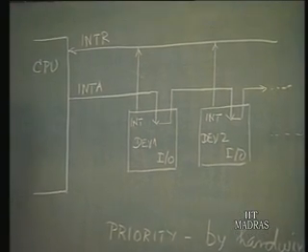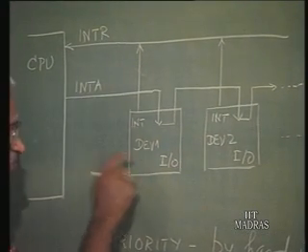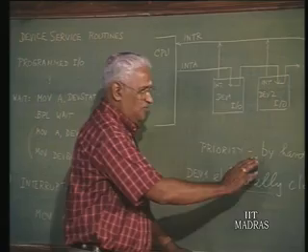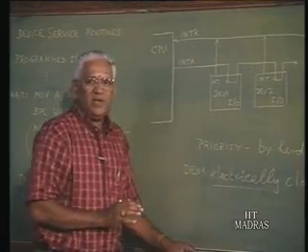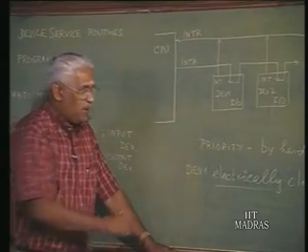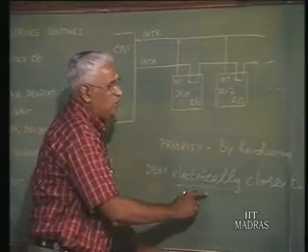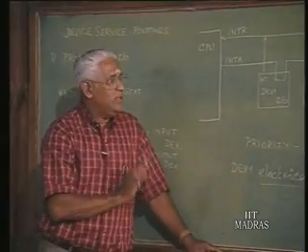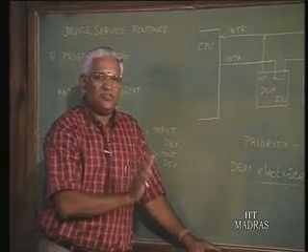Good. So, the priority of device 1 service is high, mainly because we have achieved it by hard wiring the acknowledgement. By this hard wiring we see that device 1 is electrically closer to the CPU, and that is the reason why device 1 was serviced first.